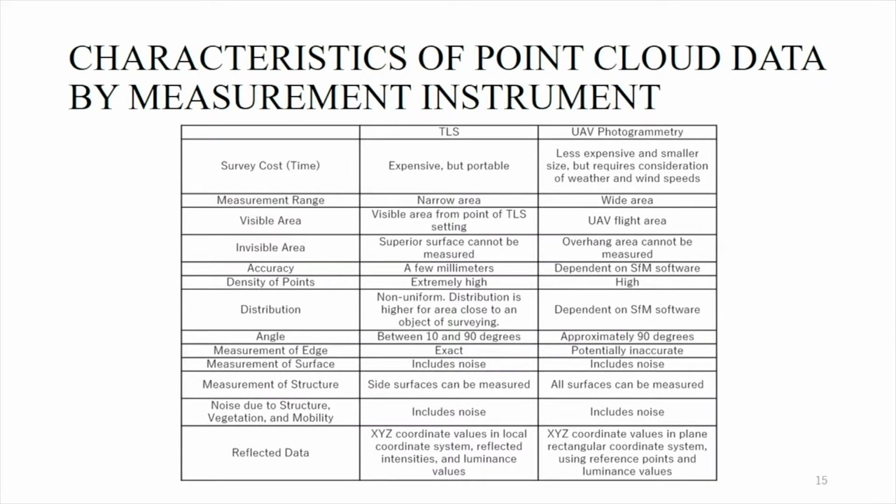So in this research, we compile it into a form based on this experience. According to the conditions, with the disadvantages and advantages of TLS and UAV, it may be helpful to obtain high precision point cloud data.